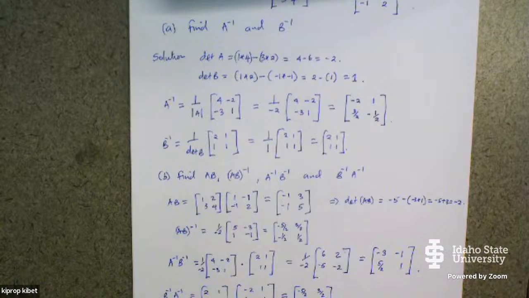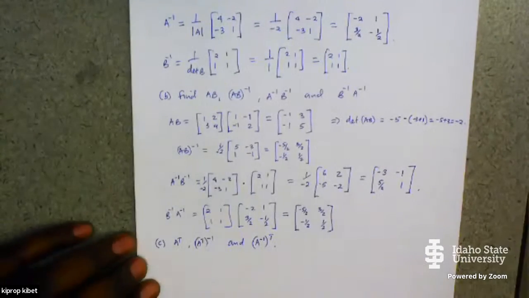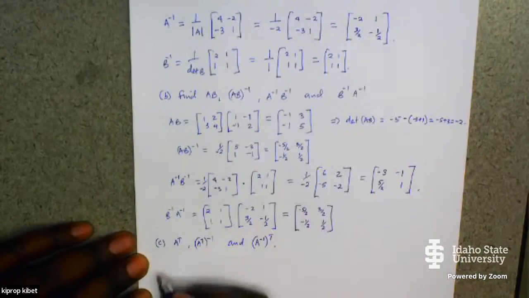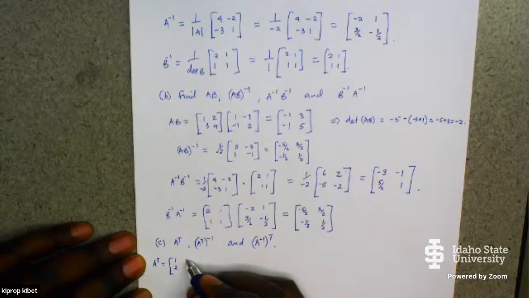Number C. Now let's find A transpose, and then inverse, and A inverse, and then you transpose. So A transpose equals 1, 2, and then 3, 4.